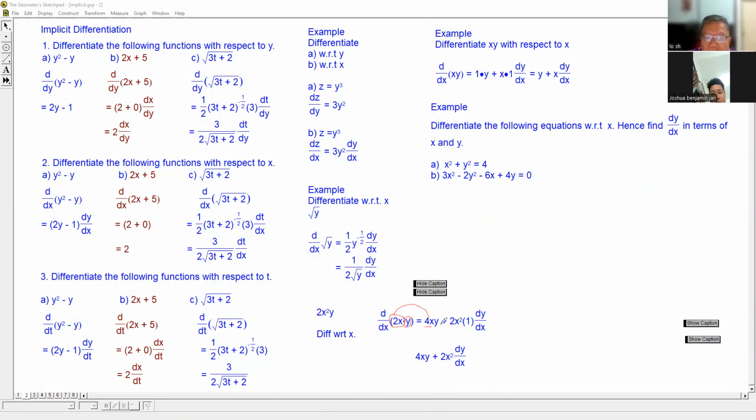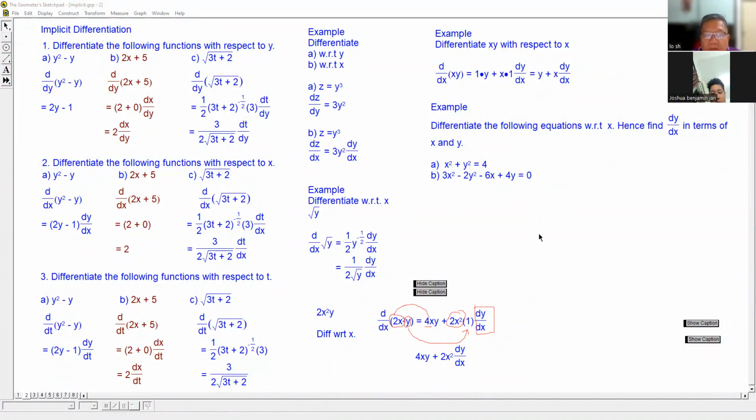And the second part, you don't differentiate the 2x squared. You differentiate the y, it becomes 1. But because you are differentiating y with respect to x, you have to add the dy/dx there. So finally, you have 4xy plus 2x squared dy/dx.